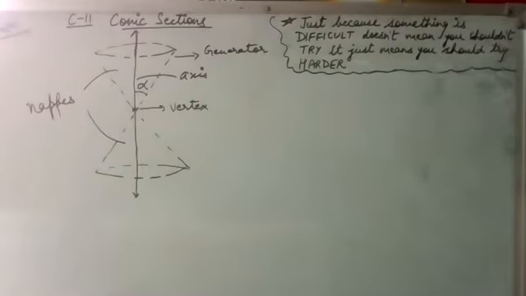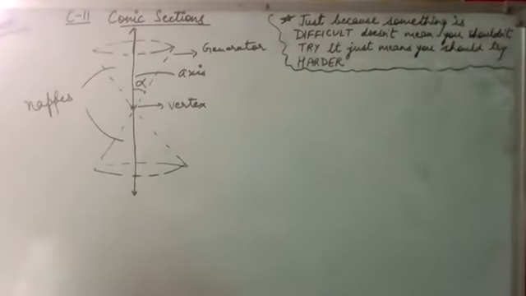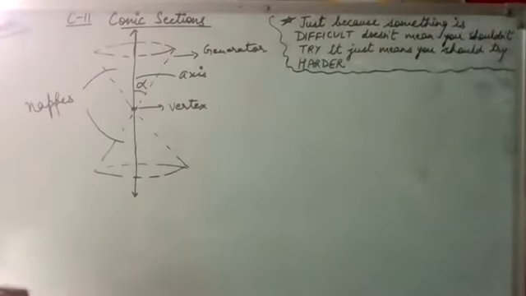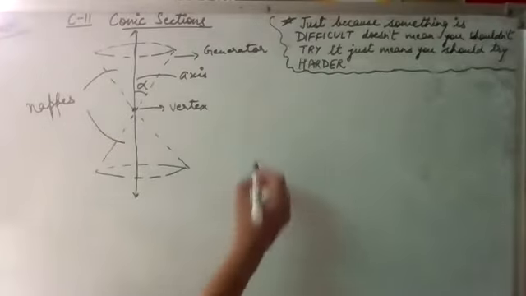Now, after we have got a cone, we have to study about the various conic sections. Now, how do we get these various conic sections? For that, we are intersecting the cone by a plane surface. Let's take a cone.